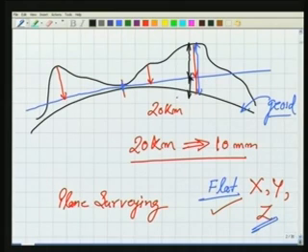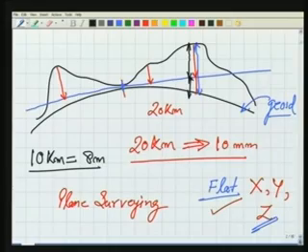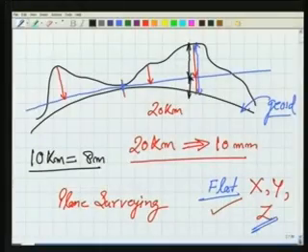Now how much is this error? In a distance of 10 kilometer, this error becomes 8 meter. Just think of that. In a distance of 10 kilometer along the arc, we said earlier that this distance is 20 kilometer.